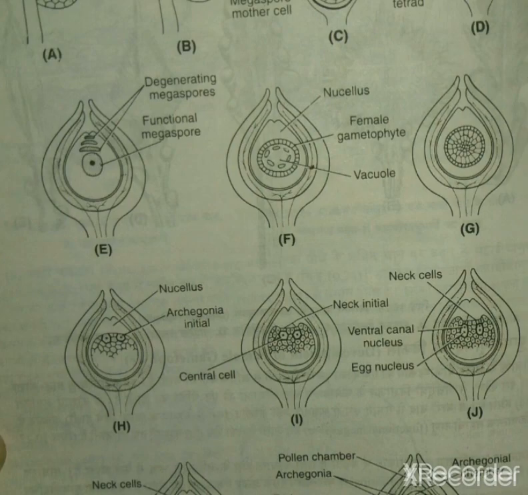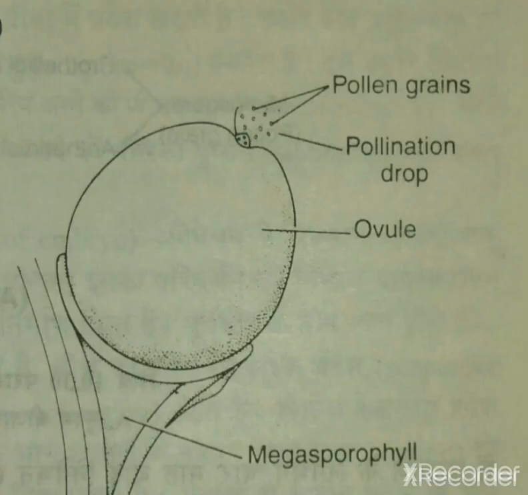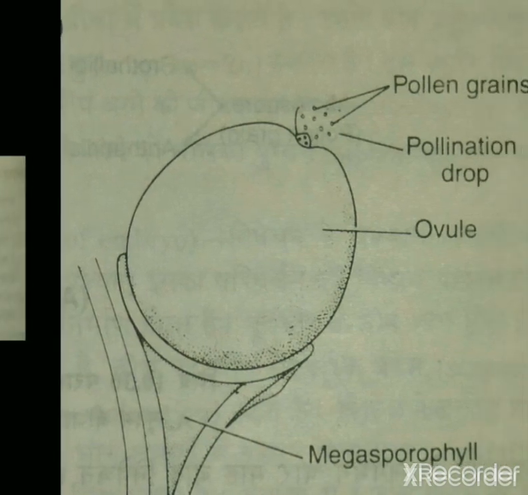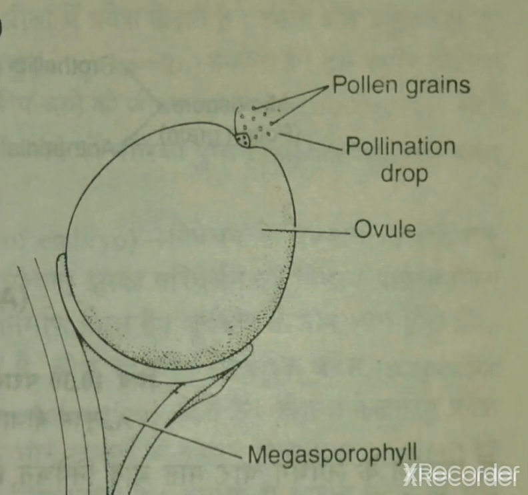So student, as you know, in the pollination process the pollen grains are released from the microsporangium, carried in air currents, and come in contact with the opening of the ovule borne on the megasporophyll.